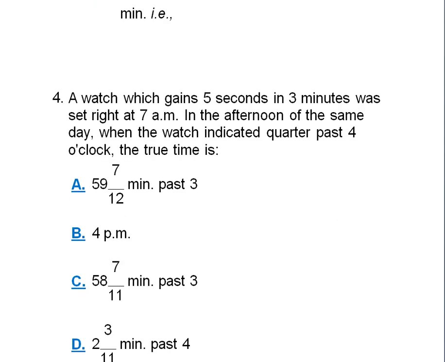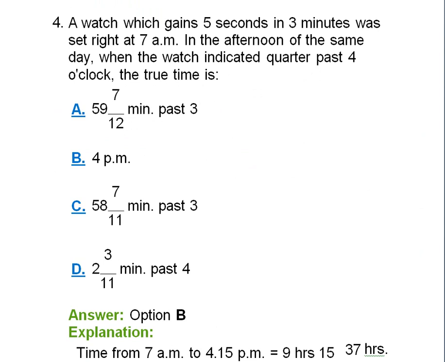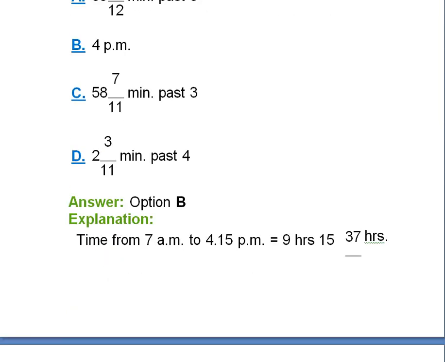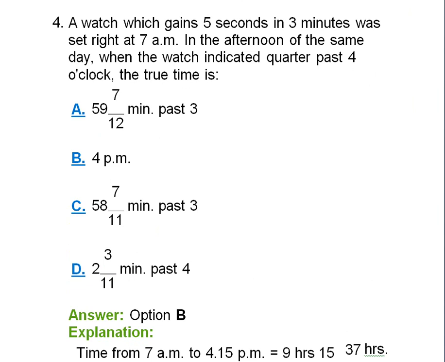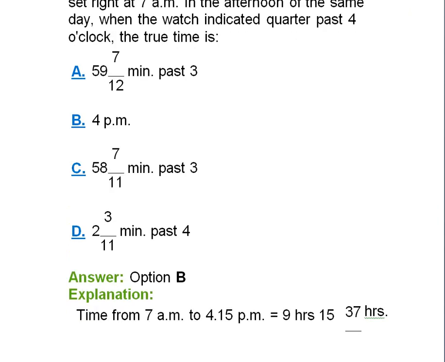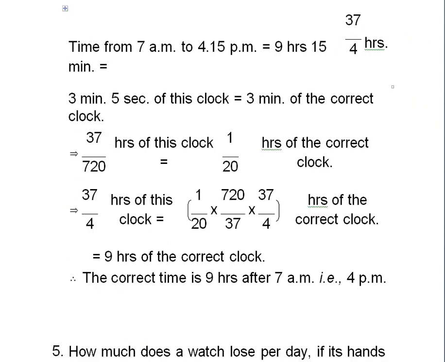A watch gains 5 seconds in 3 minutes and was set right at 7 am. In the afternoon of the same day, when the watch indicated quarter past 4 o'clock, the true time is. So time from 7 to 4:15 would be 9 hours 15 minutes, which is equal to 37 by 4 hours.